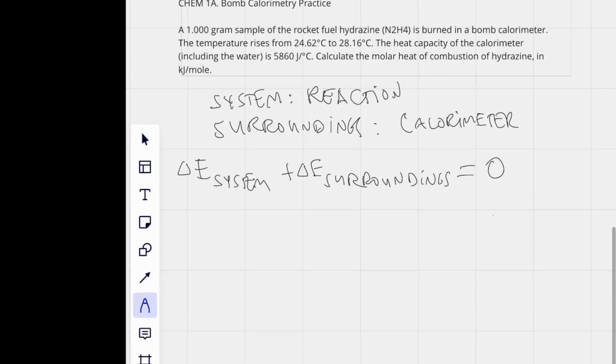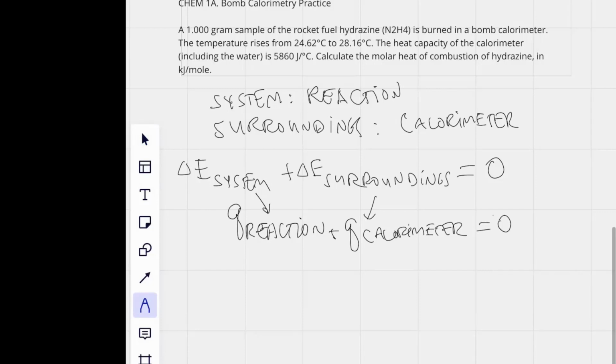Now, in cases where we have a limited volume, there is no expansion of gases or anything like that that would create work, so all of the energy change here is in the form of heat. So we would say that the heat of our chemical reaction, which is our system, plus the heat of our calorimeter would equal zero.